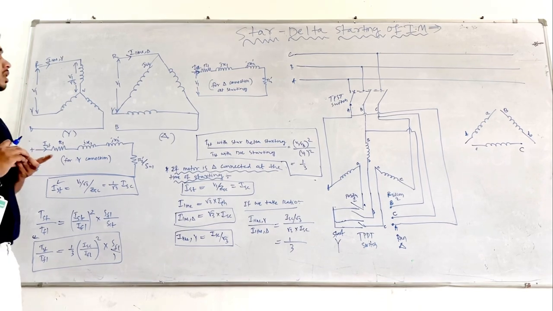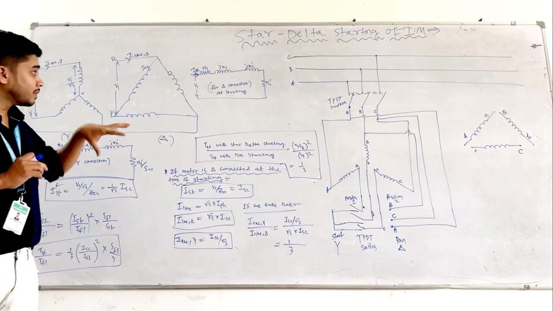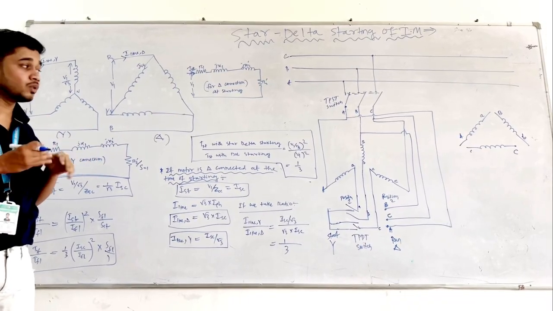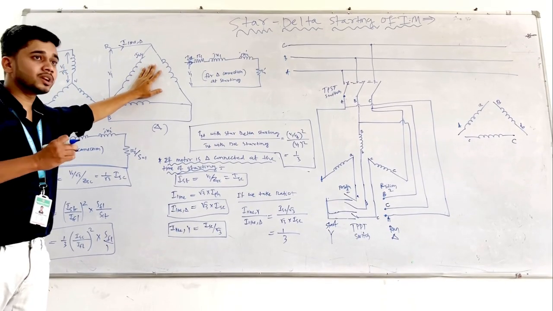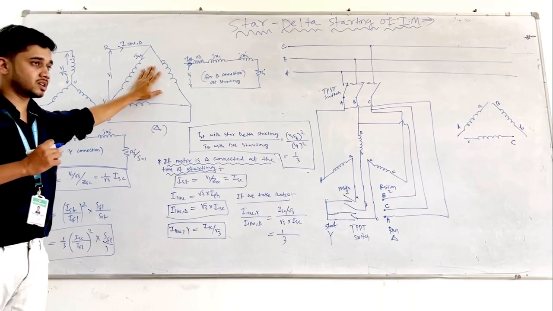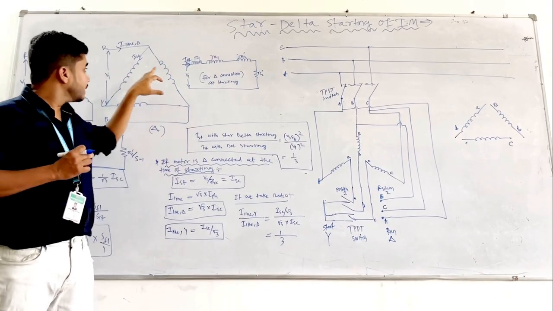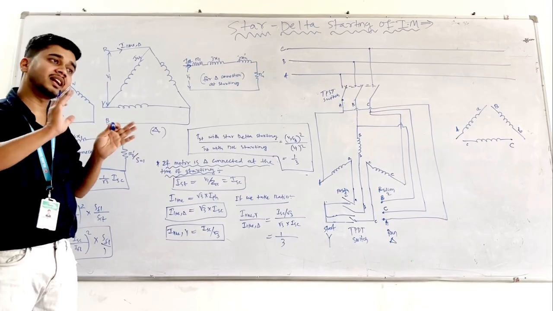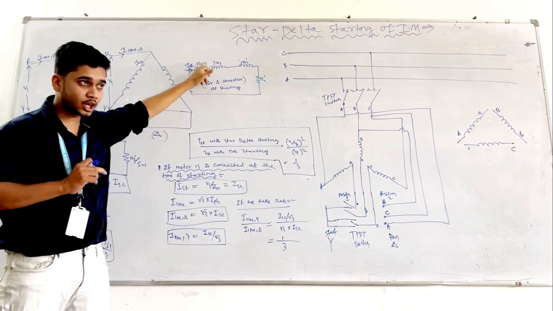Then suppose I want to start the motor by making a delta connection, not the star connection. Then what is going to happen? Suppose you assume the motor is initially in delta connection. In delta connection, the winding is getting how much voltage? Directly V1 voltage. So that's why here I am writing V1 in the equivalent circuit.